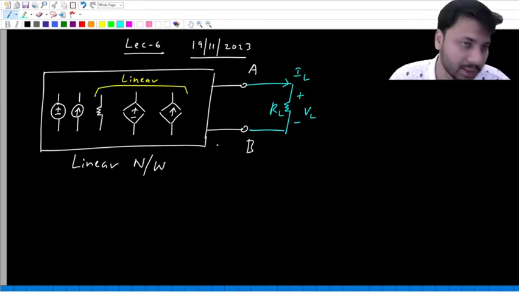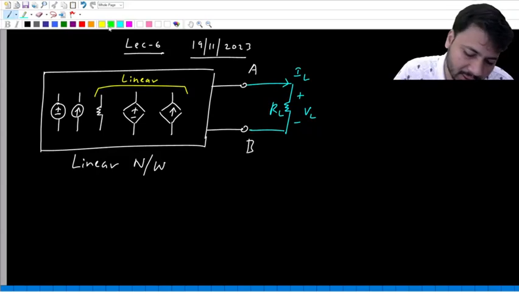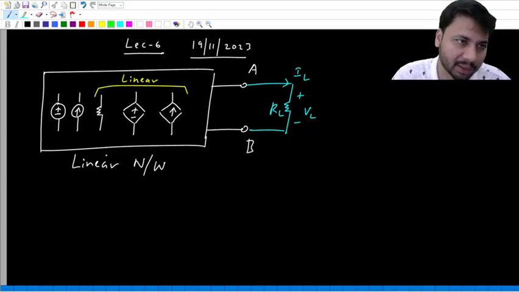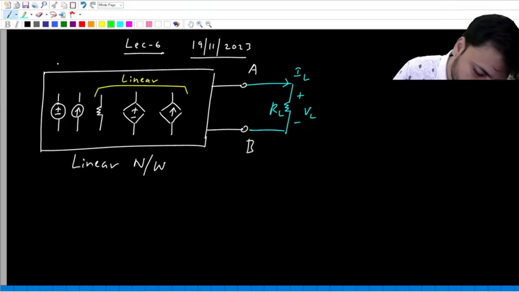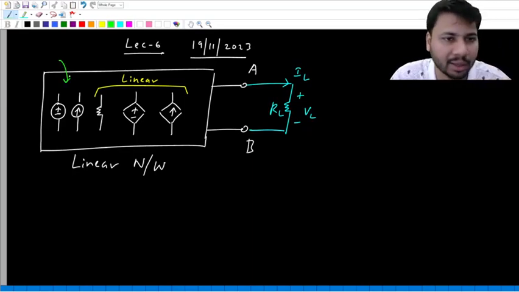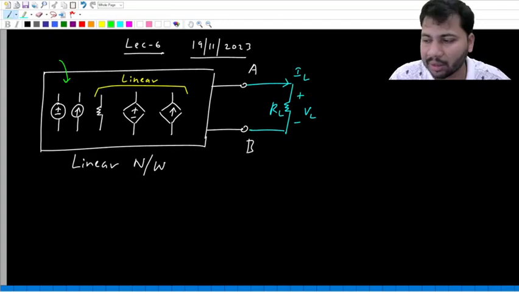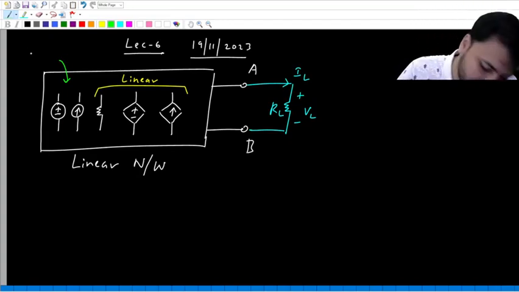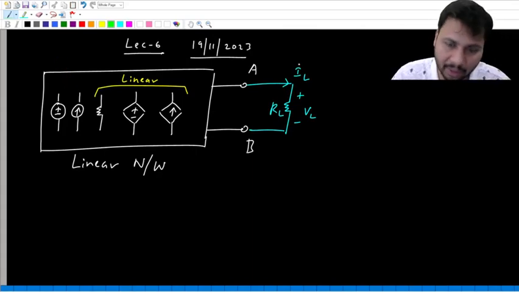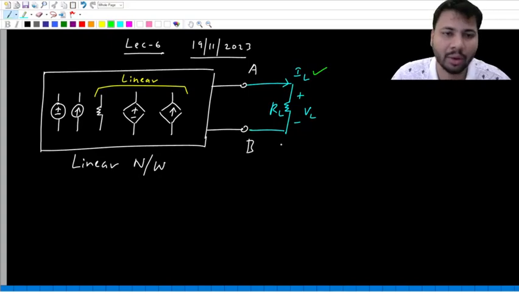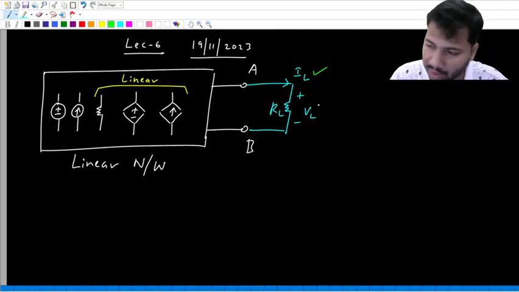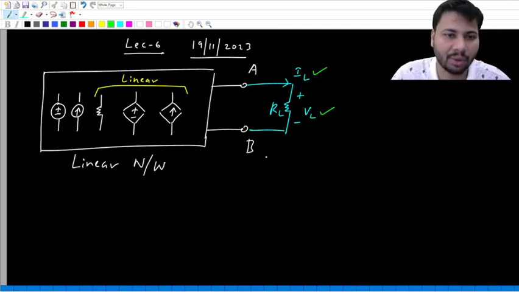We are not interested in voltages and currents inside this white box. Let us be clear about this. What we are interested in is the current drawn by the load, that is the load current, and also the voltage across the load.